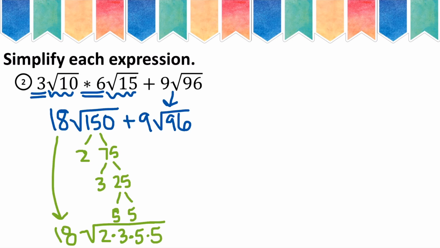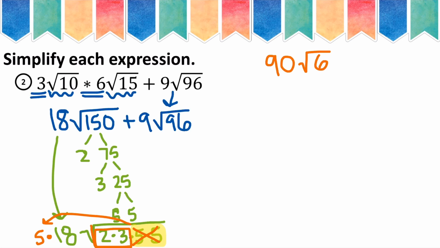And I look for two values that are the same. This time it is 5 and 5. So I will cross out the 5s and move them to the front. So 5 multiplied by 18 makes 90. And then here, 2 multiplied by 3 makes the square root of 6.